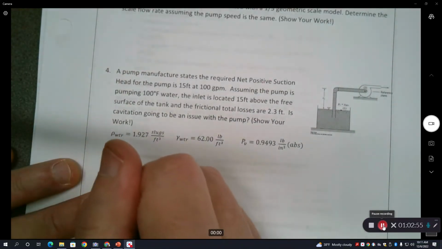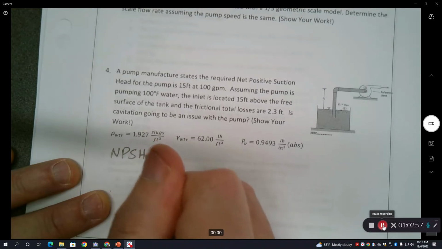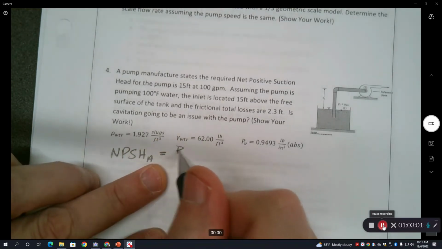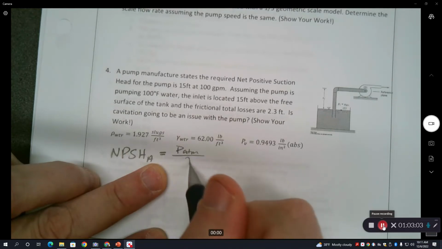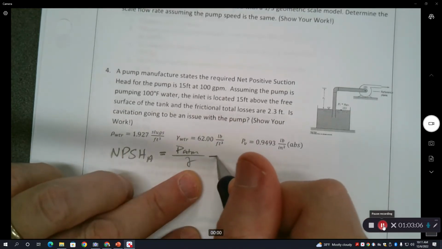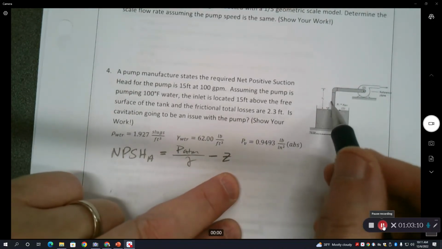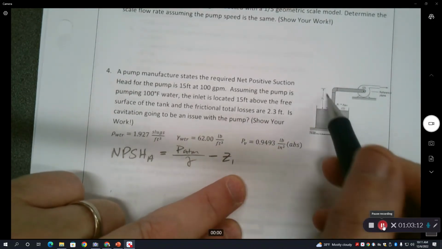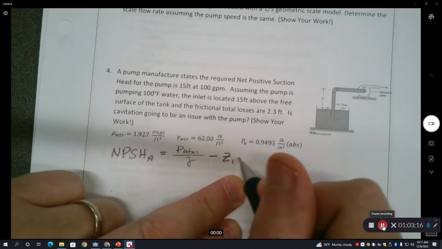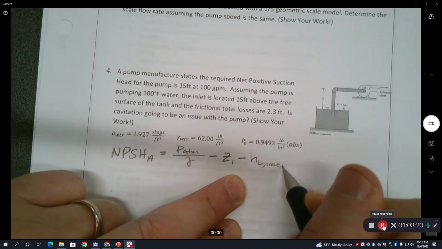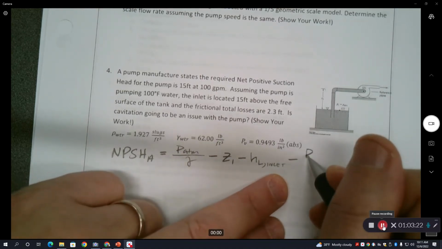Net positive suction head available is equal to the atmospheric pressure divided by gamma minus the lift on the inlet, sometimes called Z1, how high everything has to be lifted, minus the head losses on the inlet, and then minus the vapor pressure.